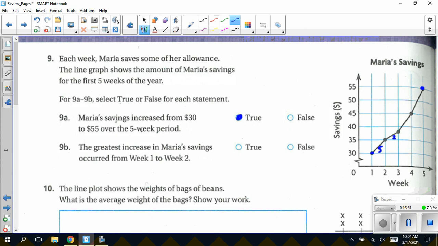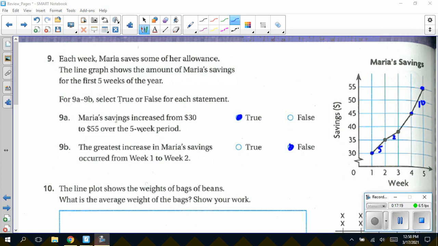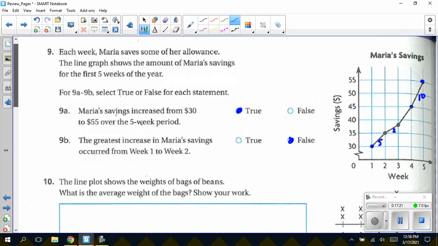And then for weeks 3 to 4, she went from about $37, $38 to $45. So that right there is a bigger increase than weeks 1 and 2. And then weeks 4 and 5, she had an even bigger increase. She went from $45 to $55, which would be a $10 increase. So this one is going to be false. She did not earn the biggest increase between weeks 1 and 2. Moving on to question number 10.